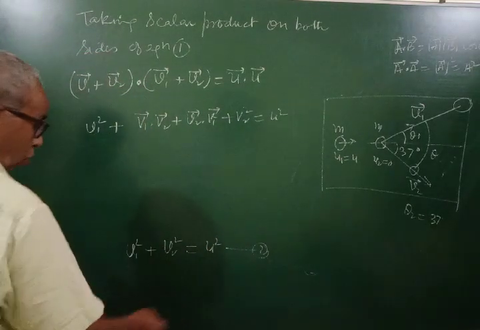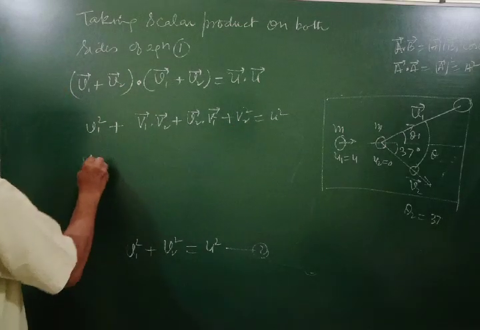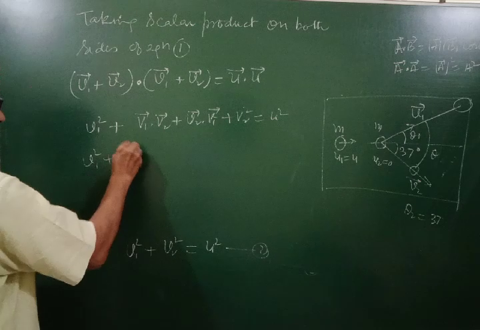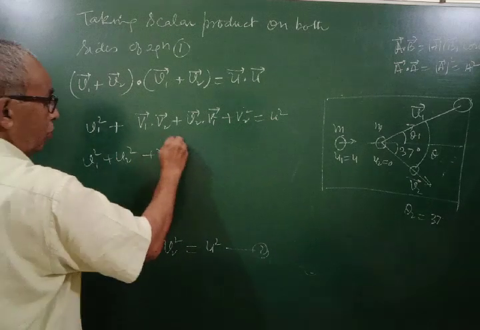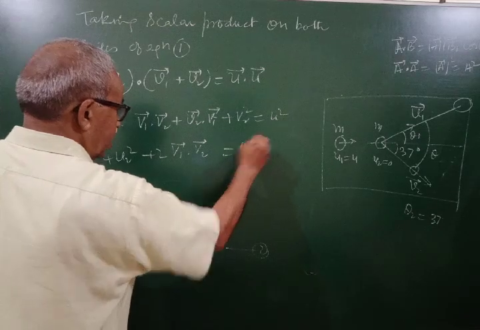From equation 2, V1 square plus V2 square equal to U square. That is, V1 square plus V2 square plus 2 V1 dot V2 equal to U square.